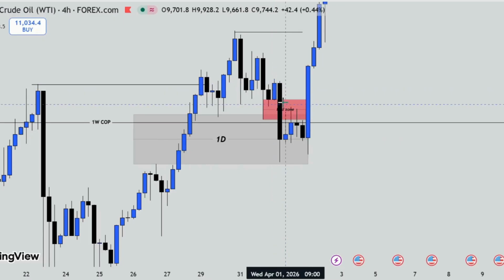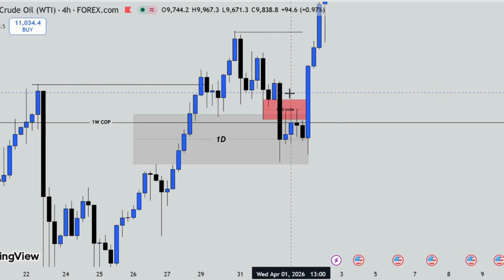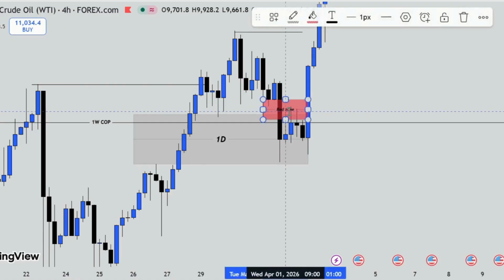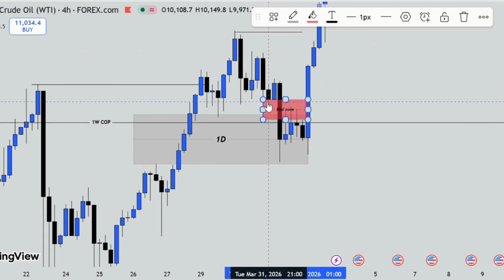At this point, when we've gotten this, we go to the 15 minutes time frame from the 4 hour to look for a disrespect of this red zone here, which is this support here. If this support wasn't here, what would be our red zone? Let me delete it.